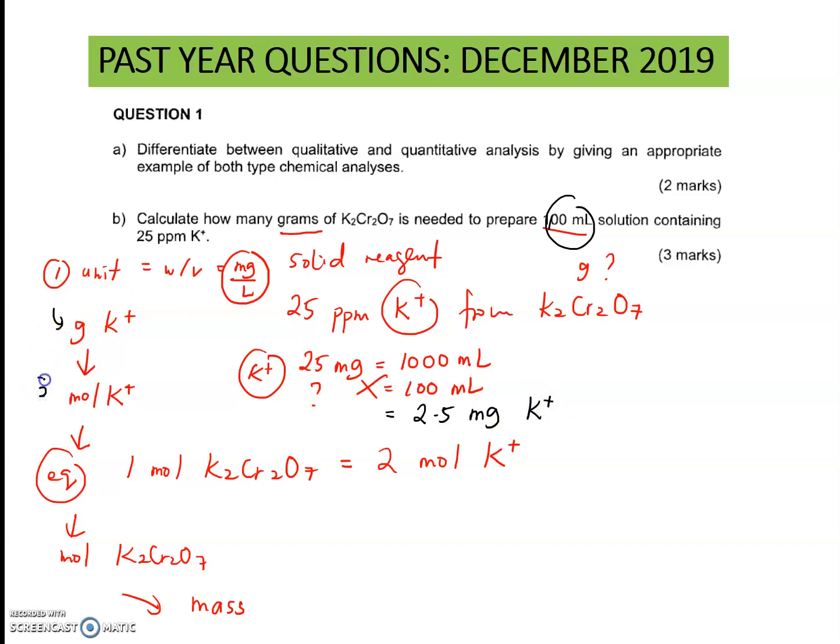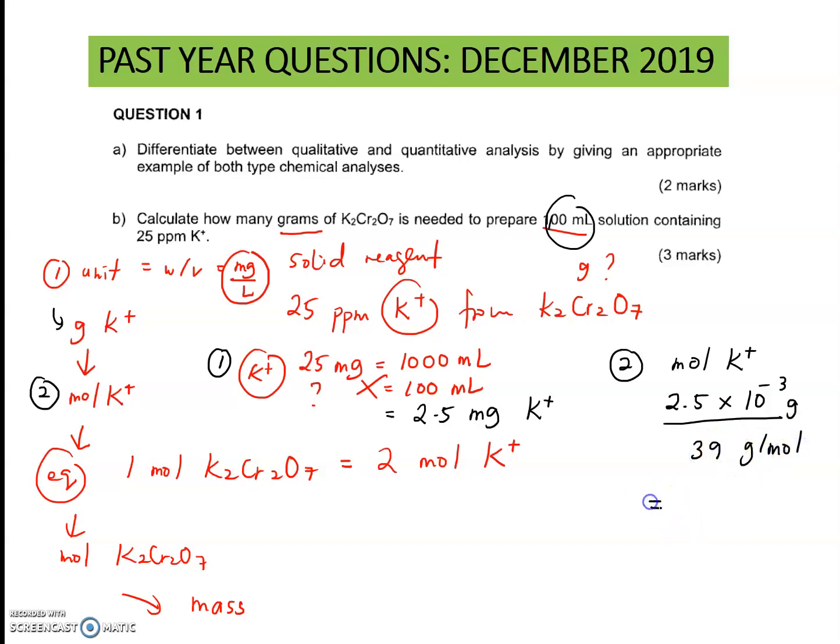Okay, next find mole potassium ion. We have to do it one by one. So for mole potassium ion, you have to know the atomic weight. So 2.5 milligram we change to gram, times 10 exponent -3 gram, divided by atomic weight, potassium is 39 gram per mole.